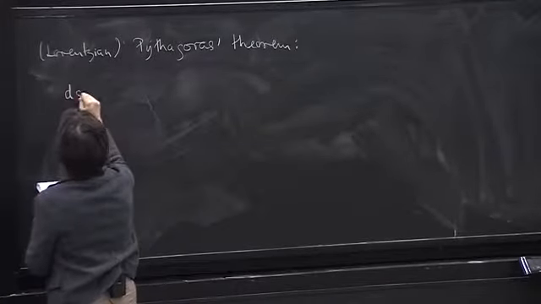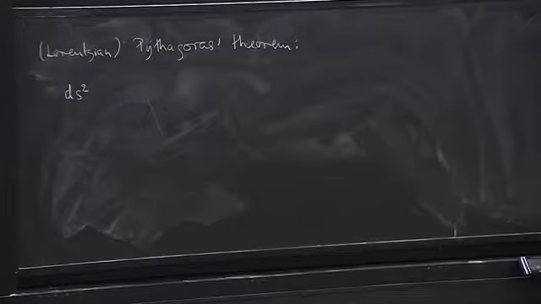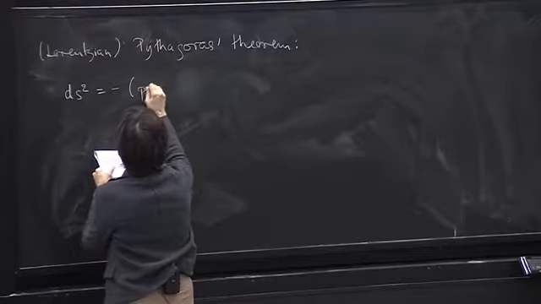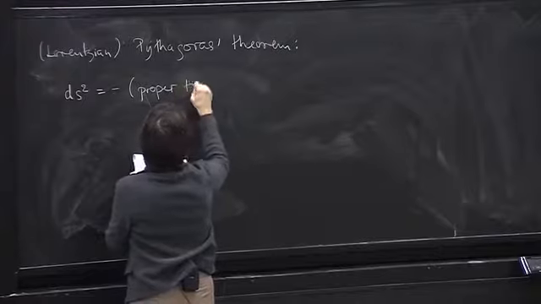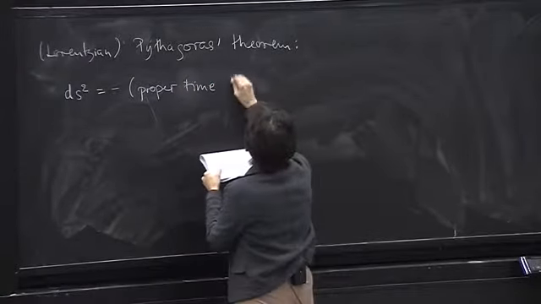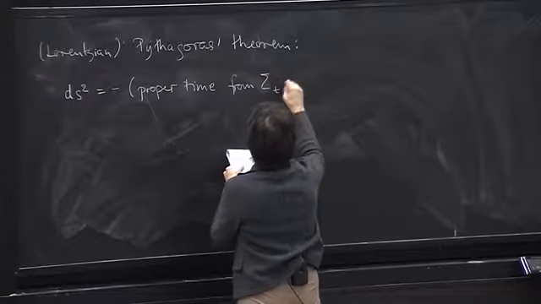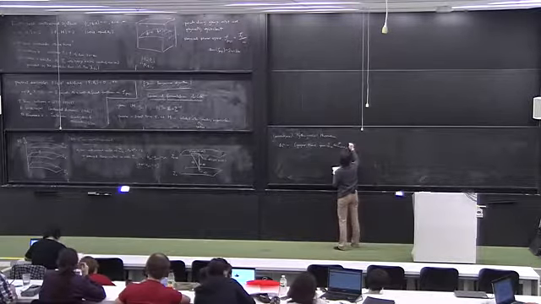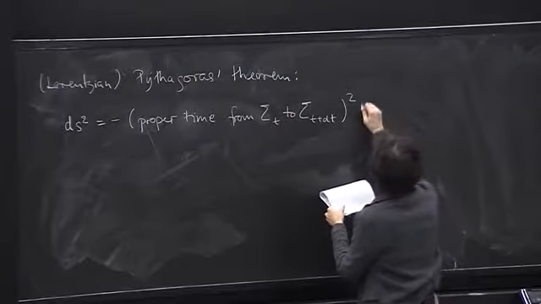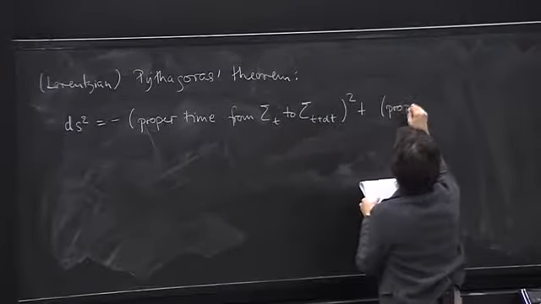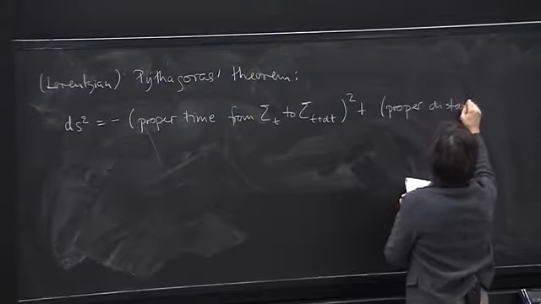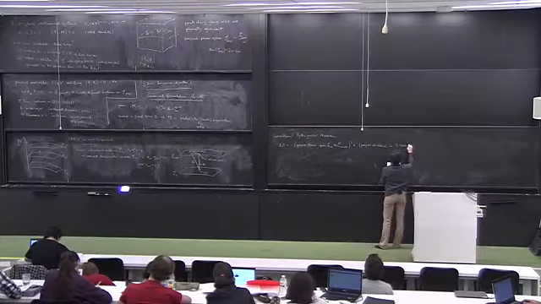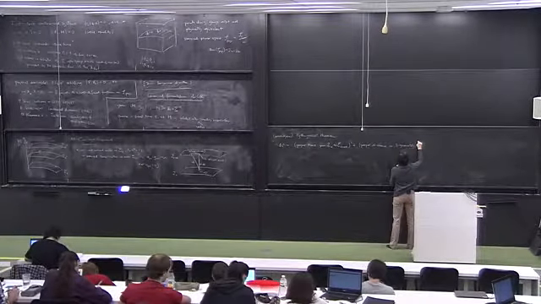It is ds squared, so that's the long side here, equal to minus, let me first write it in words, proper time elapsed from sigma of t to sigma of t plus dt, all squared, plus proper distance in the three geometry, all squared.